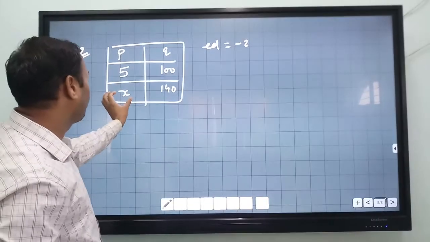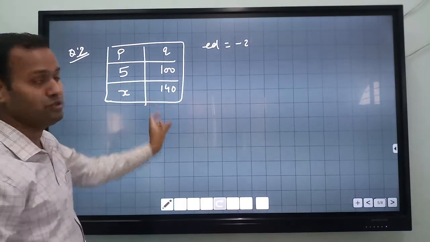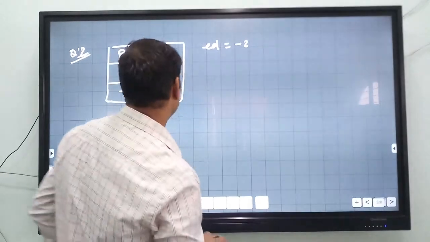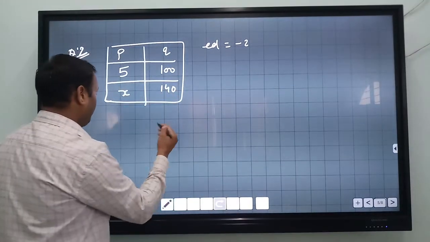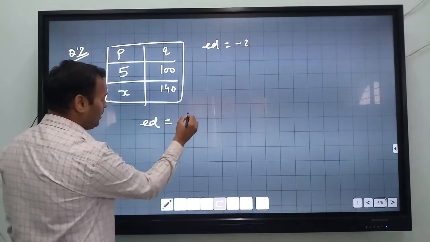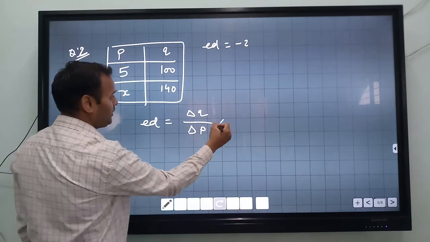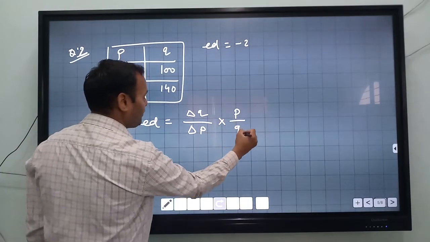What is the new price of this commodity when the consumer purchases 140 units? We write the formula: ED is equal to delta Q upon delta P into P by Q.